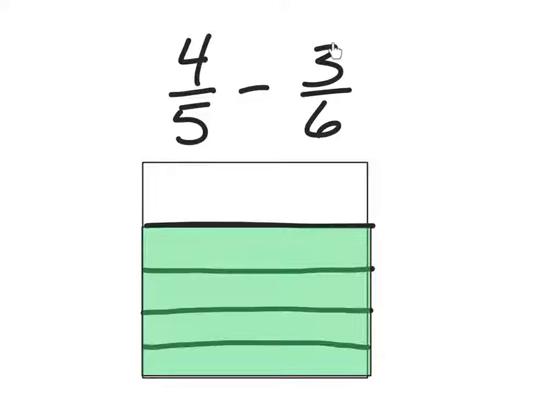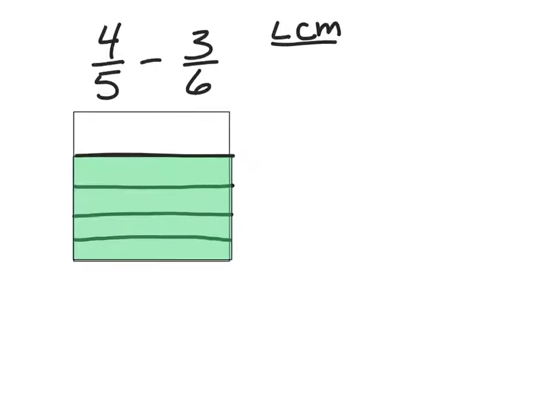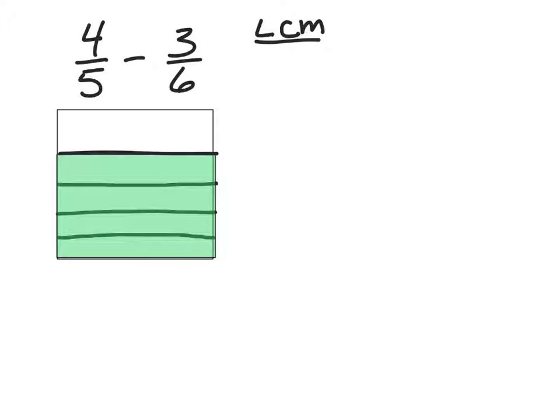Now I want to subtract 3/6 of that. The problem is this box is broken into fifths, and I need to subtract sixths, right? That means I've got to find my LCM, my least common multiple, and that is always very fun, right? So here we go. I'm going to count by 5s and by 6s.